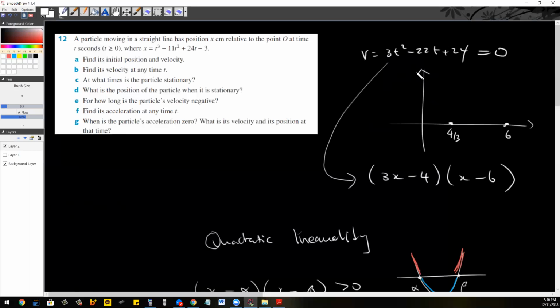That one factorizes into this one, and it's going to be a parabola like this one or an upside down parabola? The other way. Yeah, this one here, like that. So we want this velocity to be negative, right?